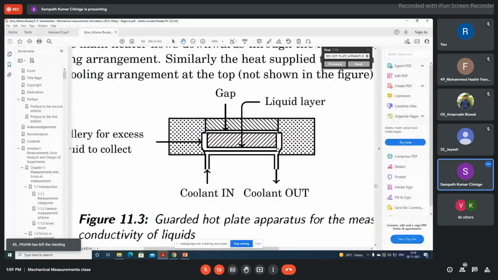And then you also have another layer, another gap that is being produced over here.